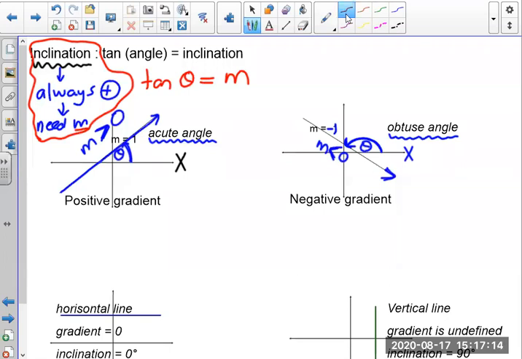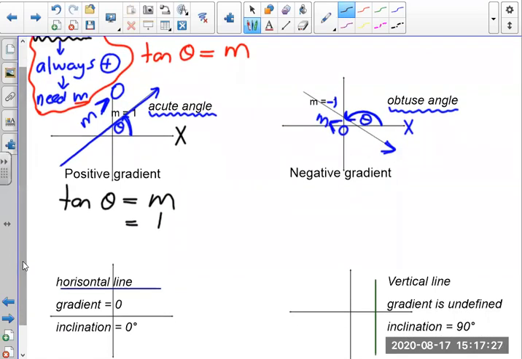So how will I get the inclination? I'm going to say tan of the inclination is equal to the gradient. And the gradient in this case is 1. Now, can you remember how you get rid of tan? You say theta is equal to shift tan of 1, like we did last week with the general solutions.